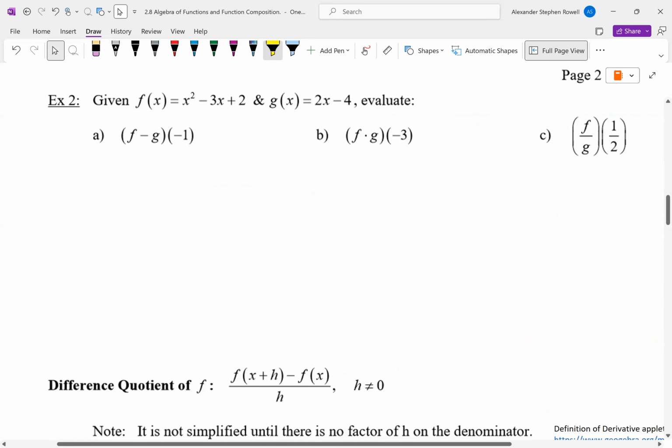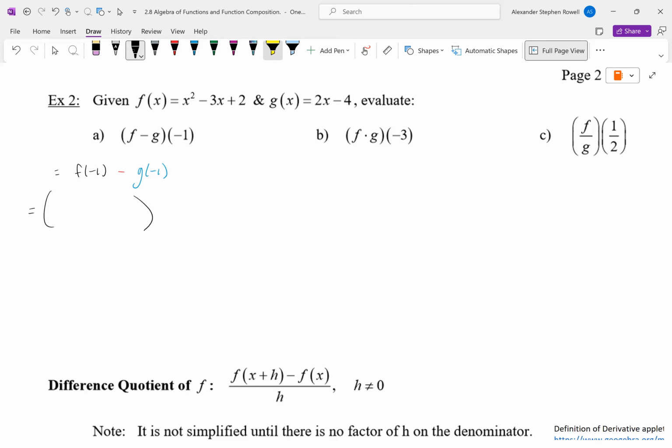Example 2 is more simple. We're just plugging in the values. So what's f minus g of -1? That's the same as f of -1 minus g of -1. So the function f, I'll just plug it in parentheses, would be -1 squared minus 3 times -1 plus 2. We'll plug -1 in for the x's. Any questions so far? And g of -1 would be 2 times -1 minus 4.